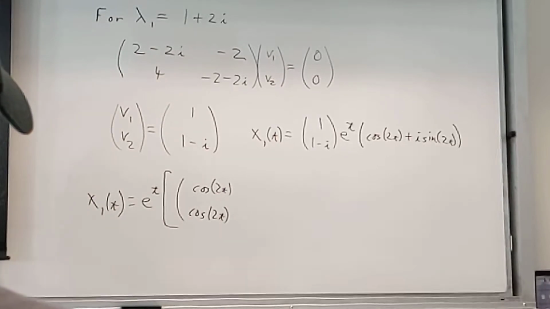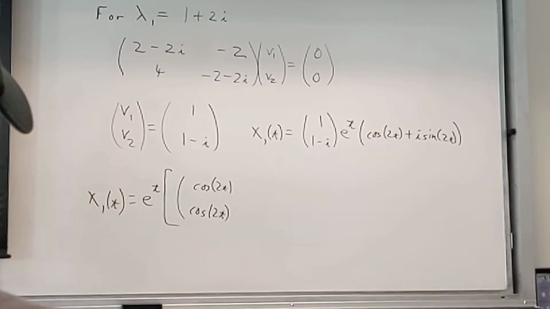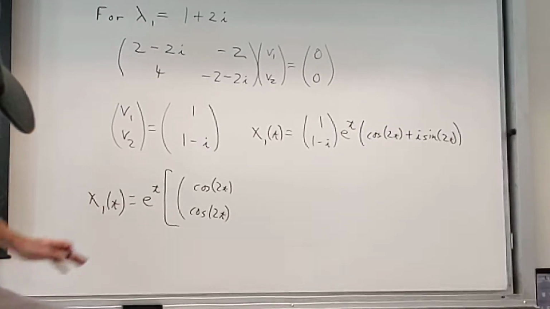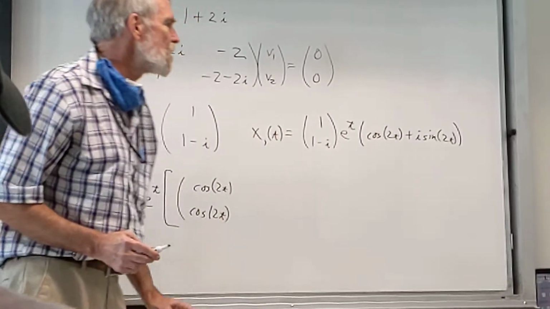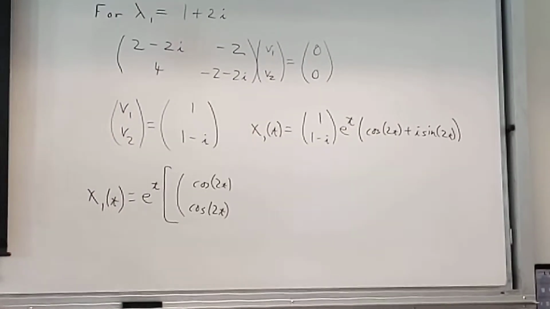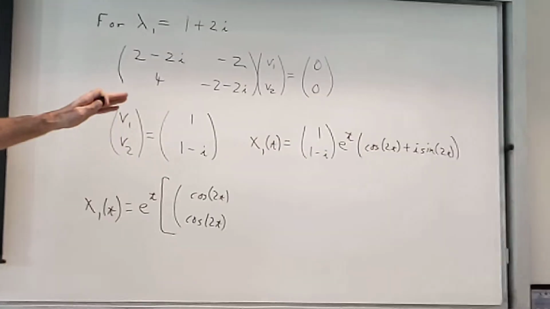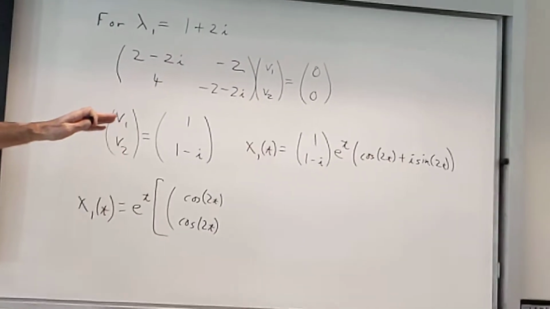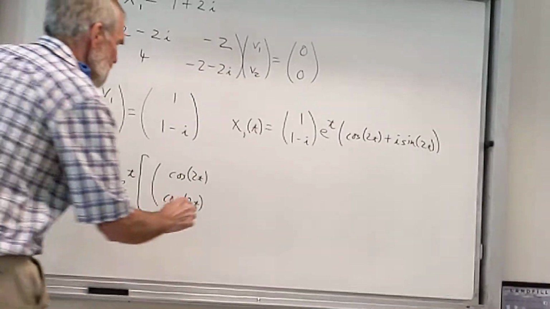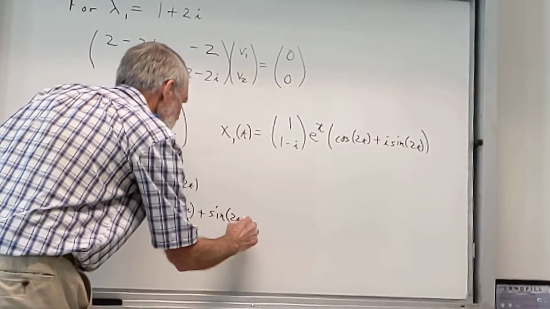What else do I get for it? Wouldn't it be times 1 minus i? So I'm multiplying this times this. Right. So what's the other real part of it? It would be that times the i sine 2t. So it's the minus i times the plus i, right? Which will give us a plus sine 2t.